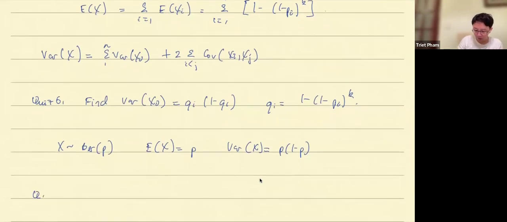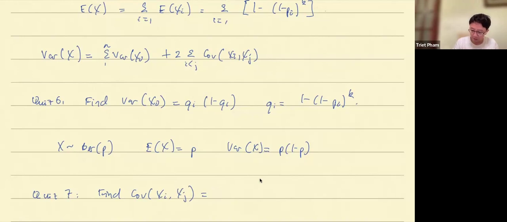The more challenging part is the covariance term. What is this term? Let me just make it even more direct.